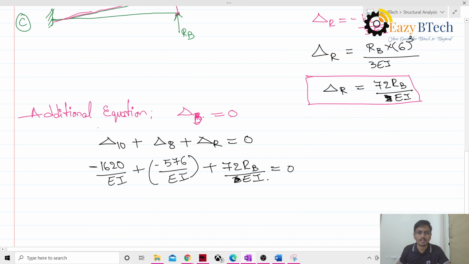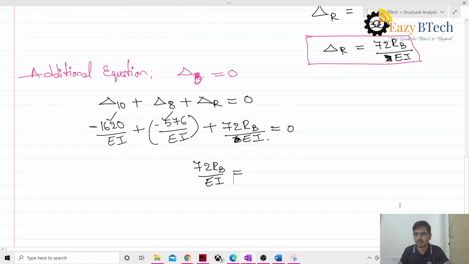Now, sending these two values to the right hand side, we'll get 72 RB by EA equal to the value 2196 by EA.